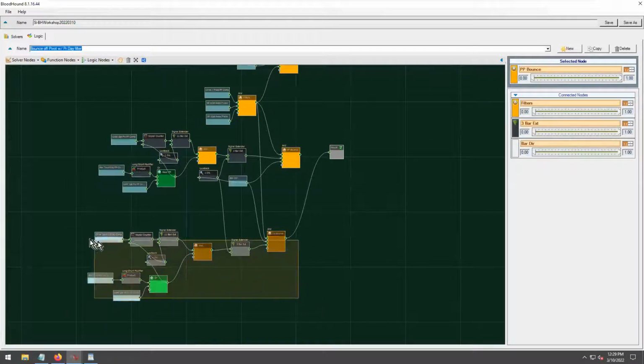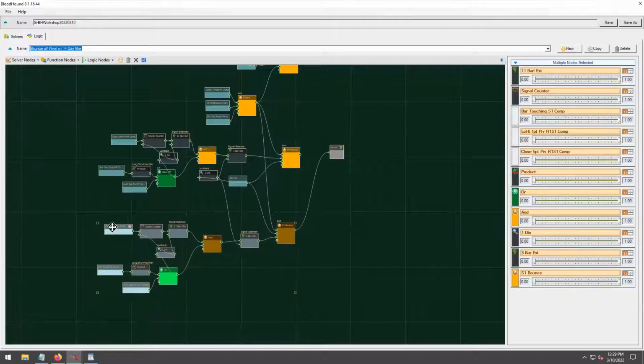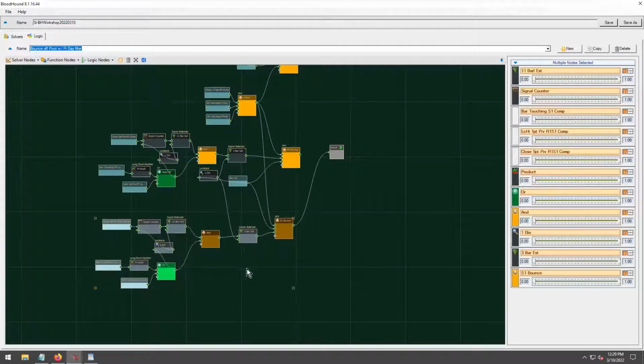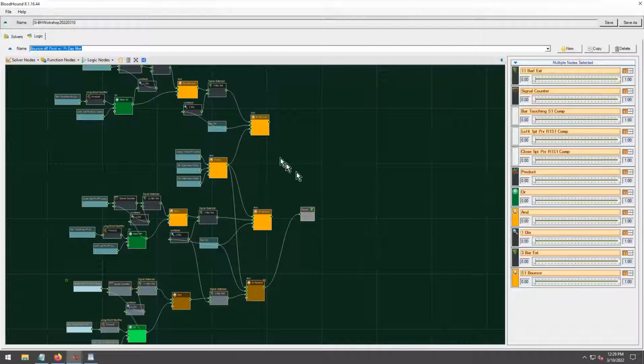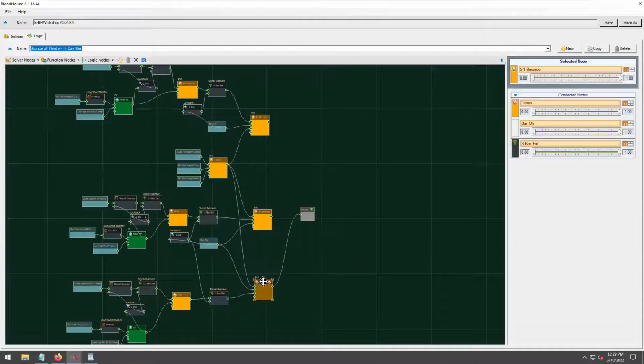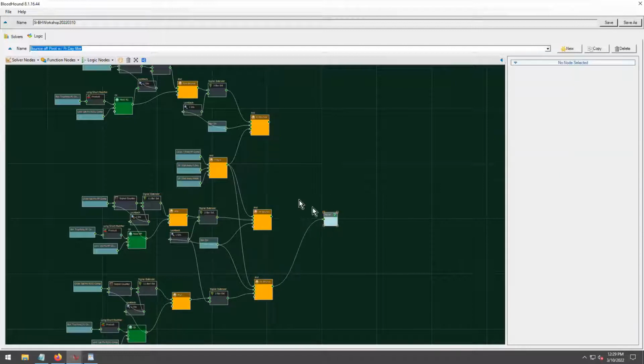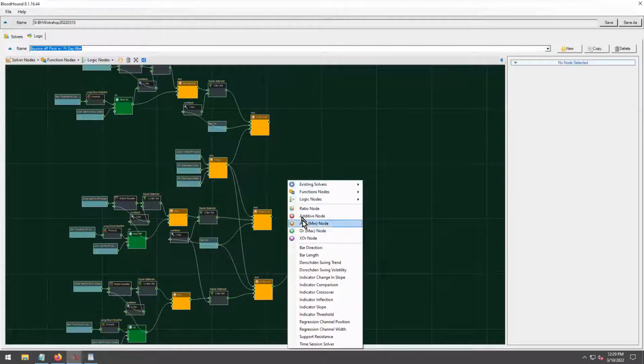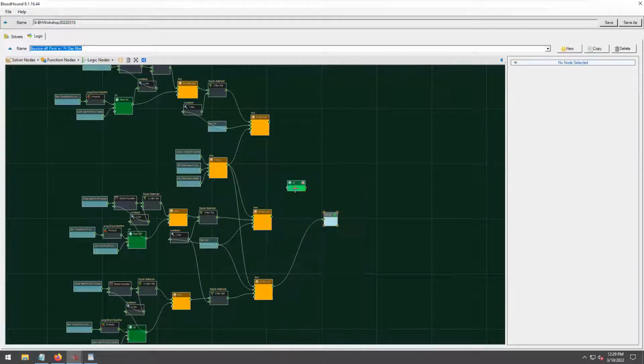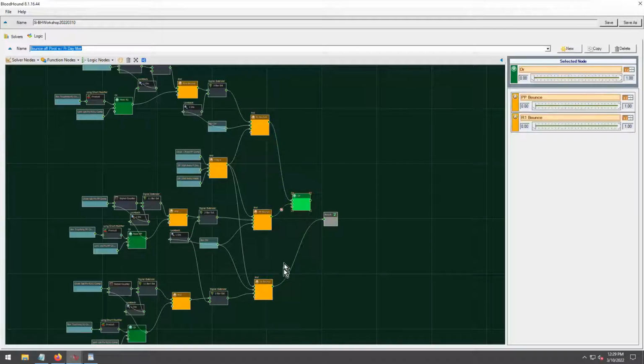And then the bottom one is for S1, the bounce off of S1 there. So now we have 3 separate AND nodes. So how do we combine all of those bounce signals together into one? Well, that's where we grab an OR node. So we'll combine them all together with the OR node.